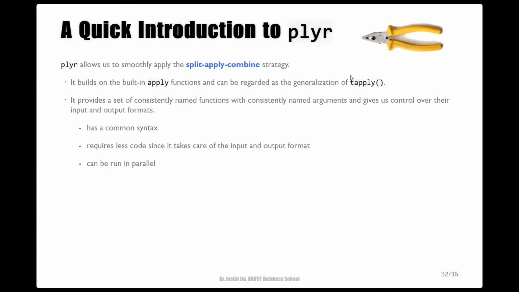The plyr package gives us control over the input and output formats and keeps the syntax consistent across all variations. So it allows us to smoothly apply the split, apply, combine strategy.